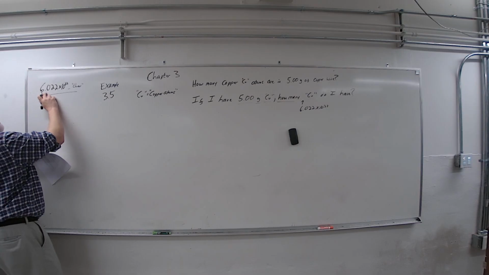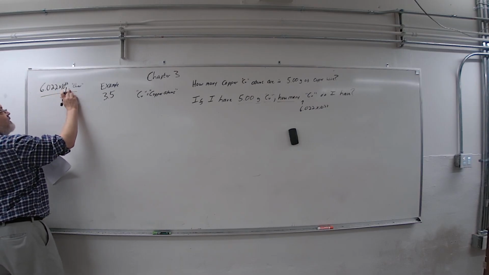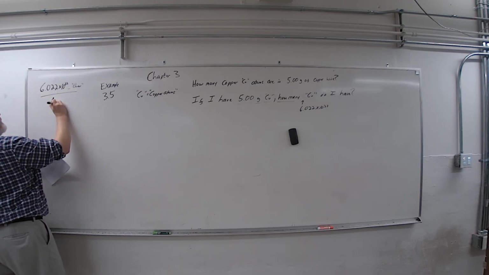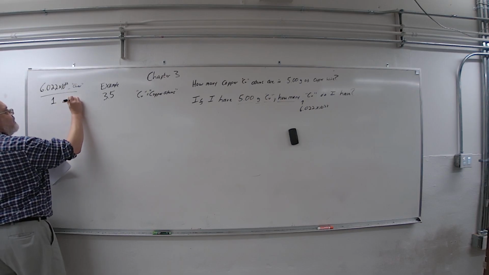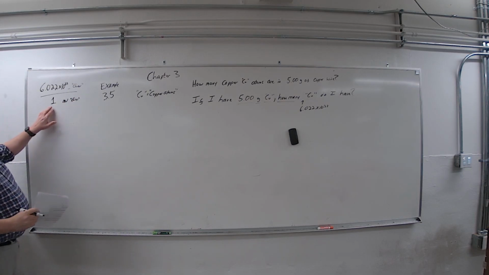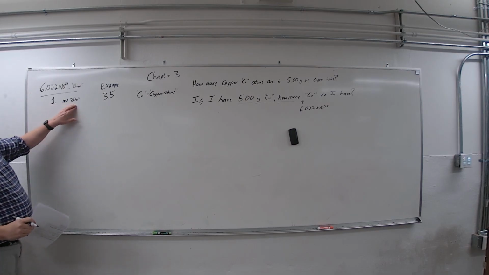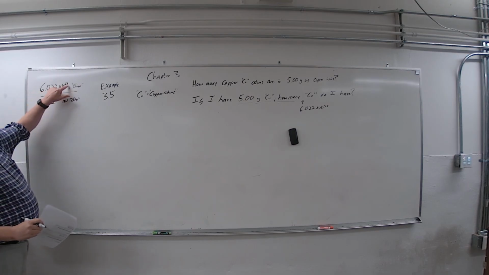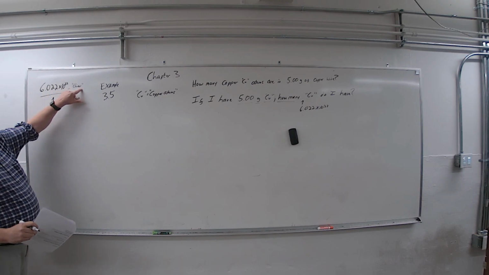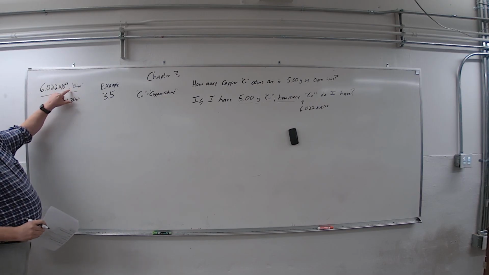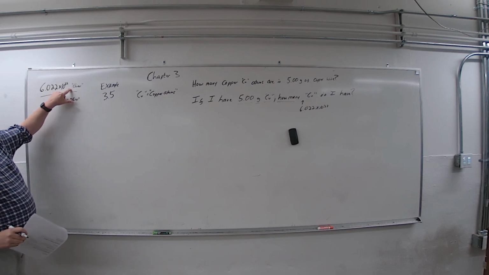So numerical value, no unit, label is 1 mole of things. The bottom here has a numerical value, a unit, and a label. The top has a numerical value, no unit, and label. So this is how we're going to cancel the no unit situation.